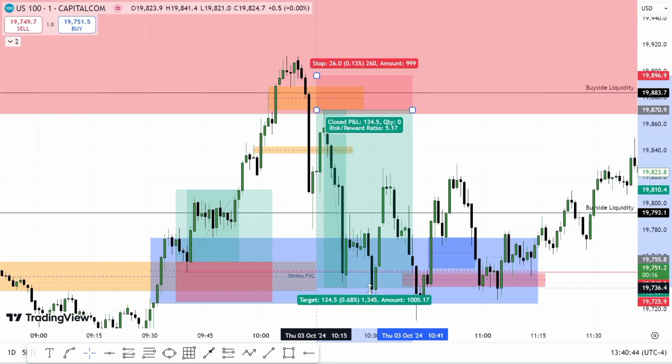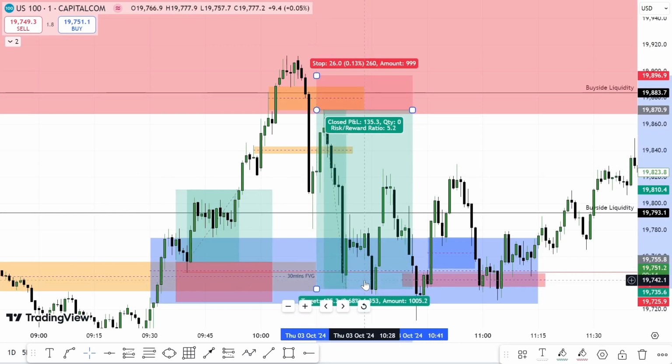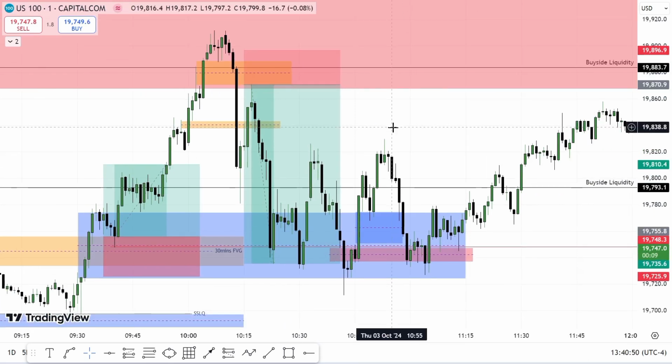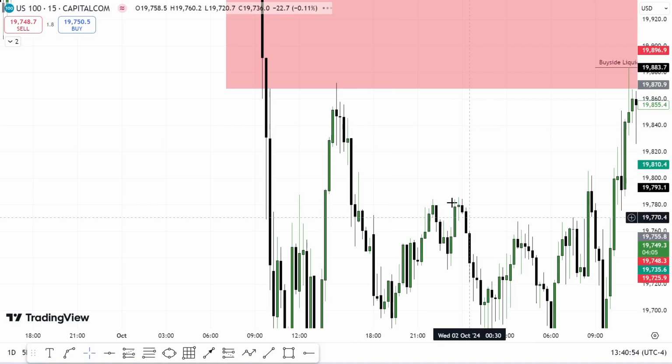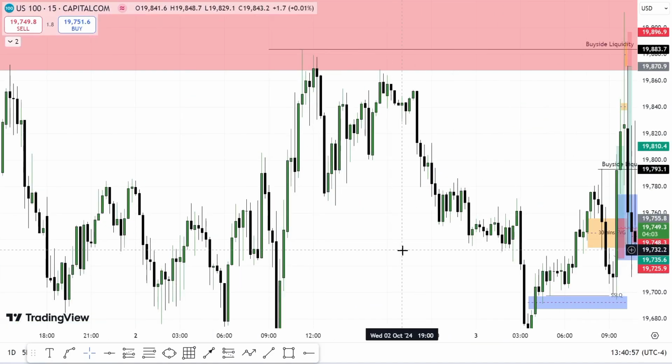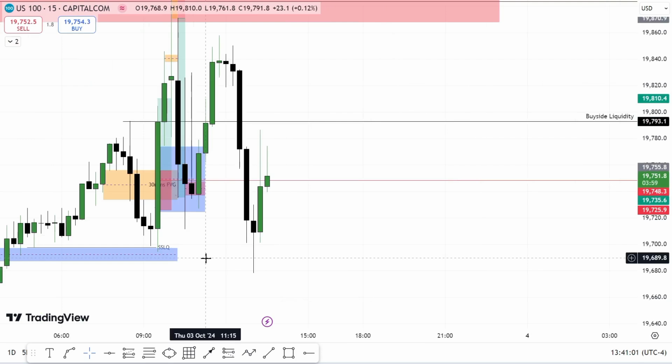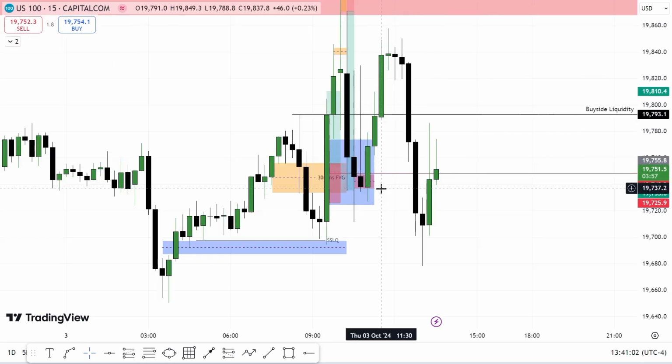I left it up to this point. I got out here, and this is the 15-minute bullish fair value gap here. That's the midpoint of that bullish fair value gap. That's why I got out from the midpoint here.